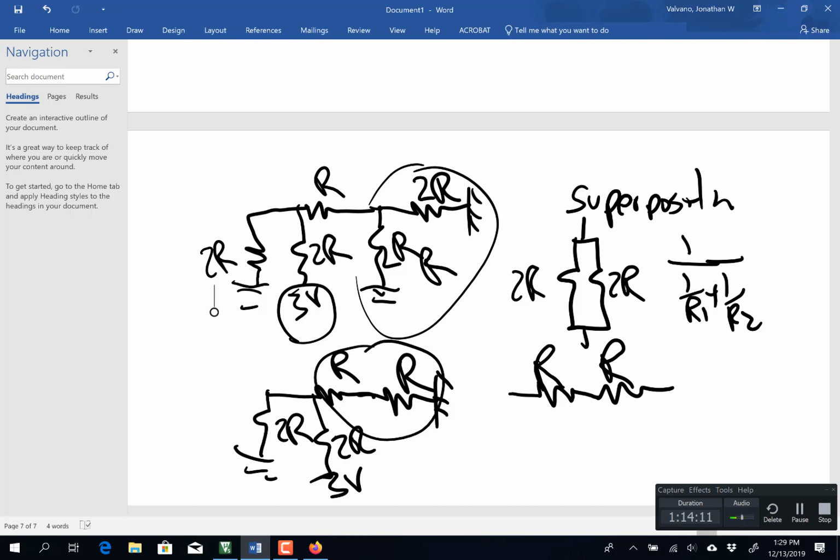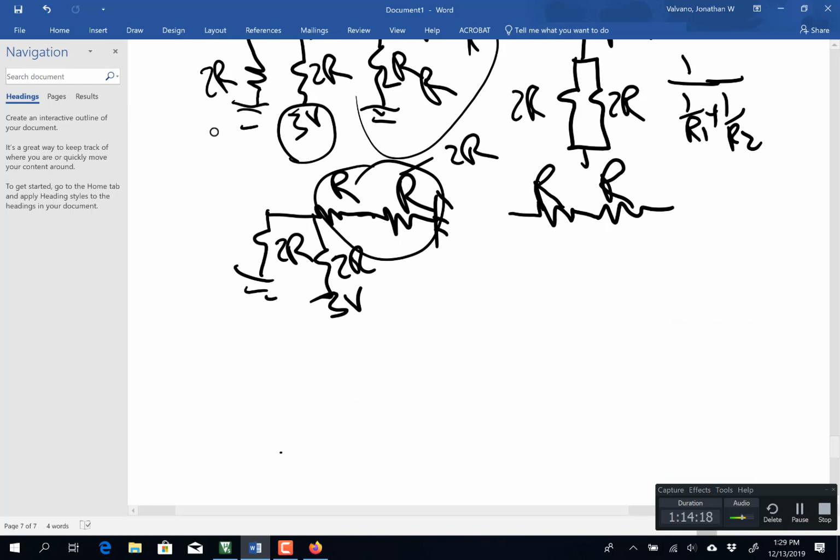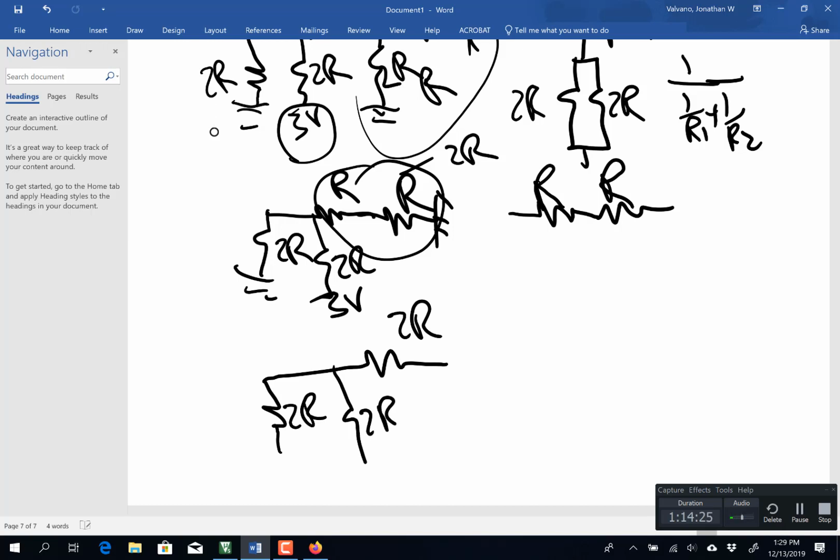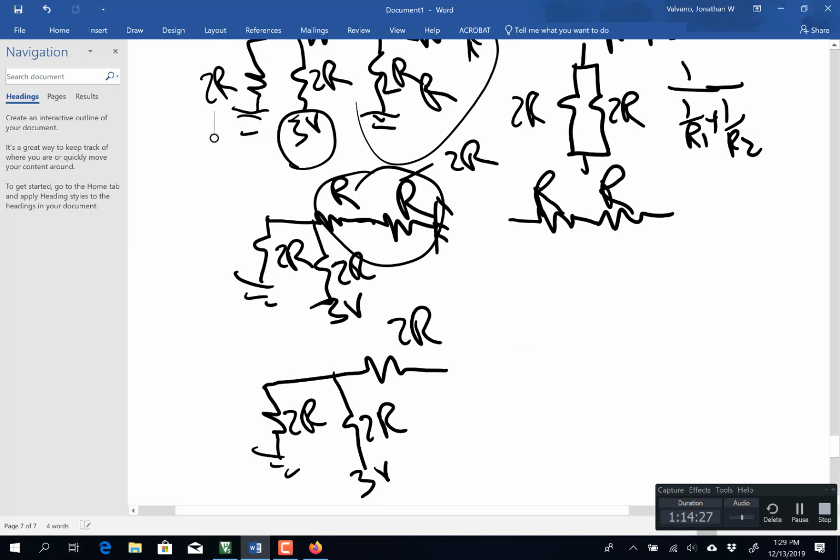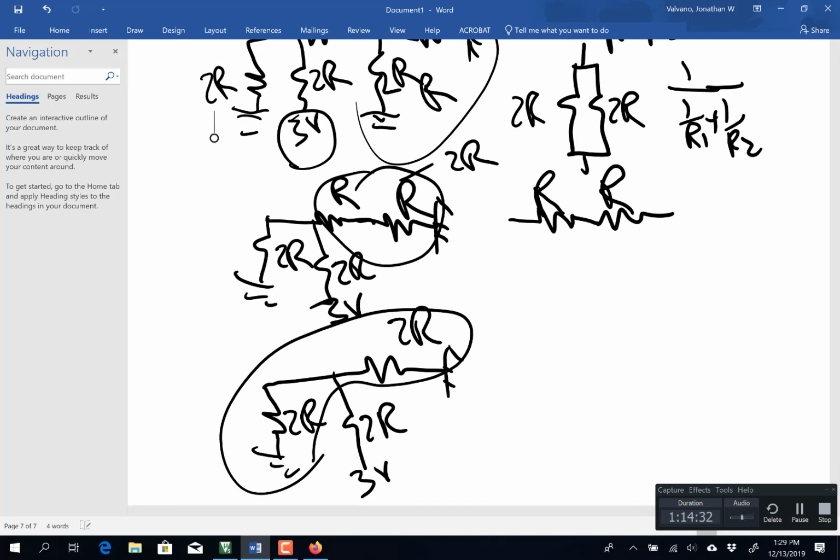So these 2 become 2R. And then I'm going to flip this one. There's the 2R. 2R. I'm going to combine these 2. Those 2 are in what topological order? Are those the 2 that I've circled? No, they're not. They're in parallel. So they have an impedance of 1R.